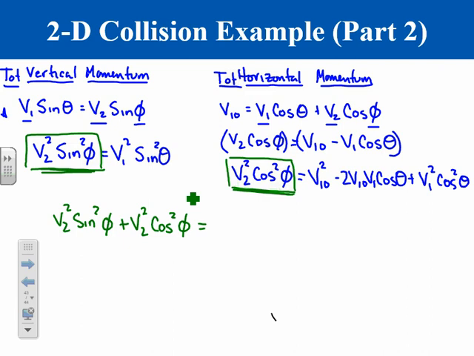So I literally just added the two left sides of the equation. And I'm going to do the same thing on the right side of the equation with these parts, v1 squared sine squared theta, and this entire mess right here. And that'll go on the right side of my equation.